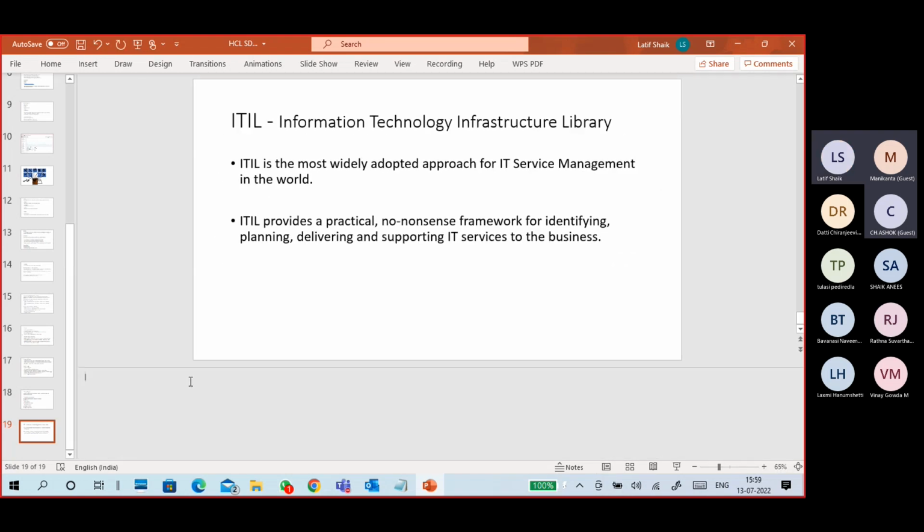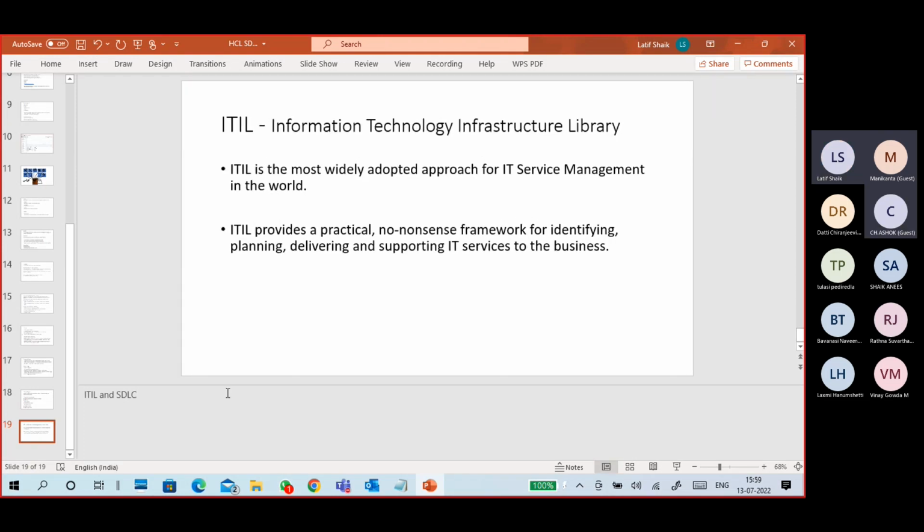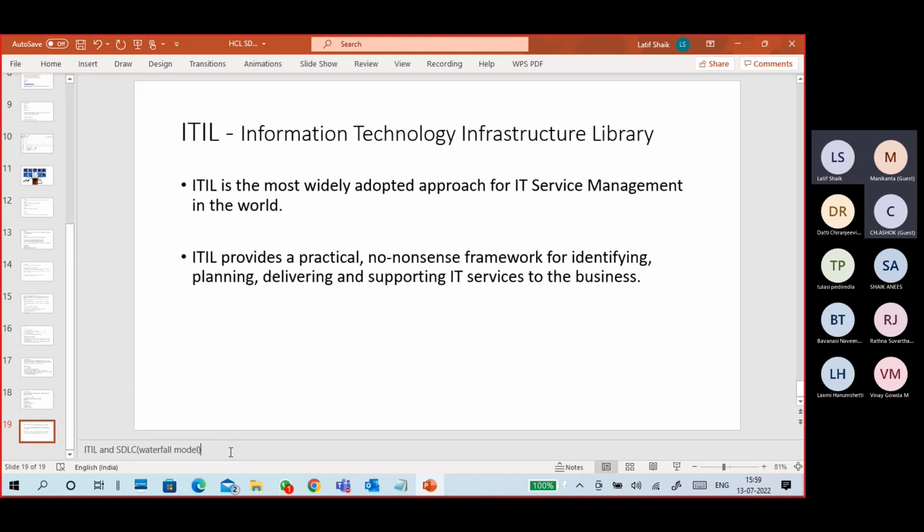I'm putting in a note: ITIL and SDLC. What is SDLC? Software development life cycle, or the waterfall model. SDLC is also called the waterfall model. If you get this kind of question, SDLC mainly concentrates on software development, but ITIL is the whole business.